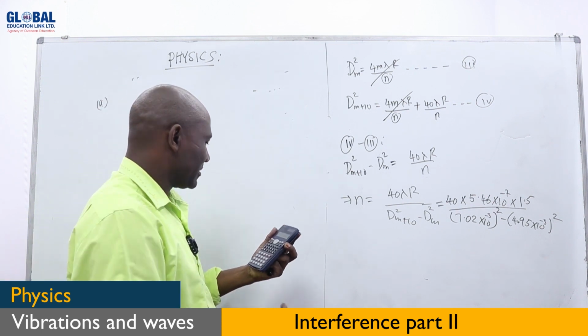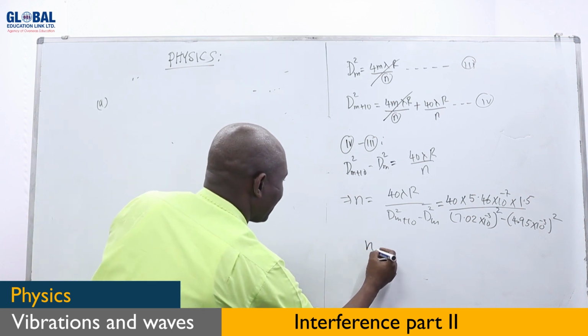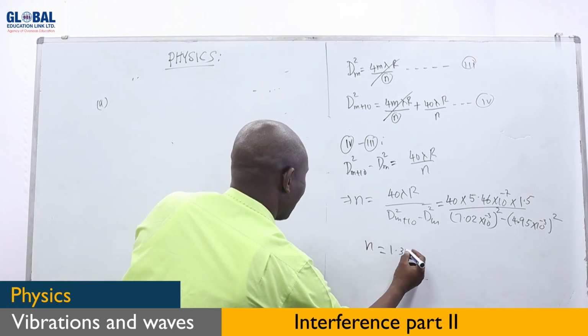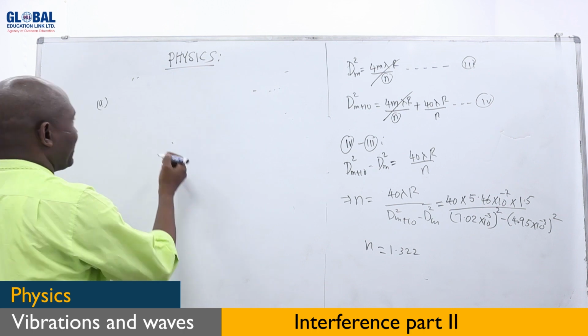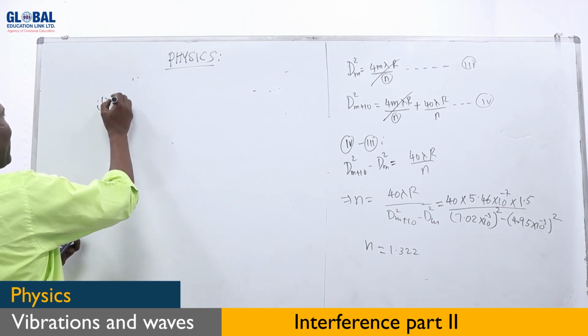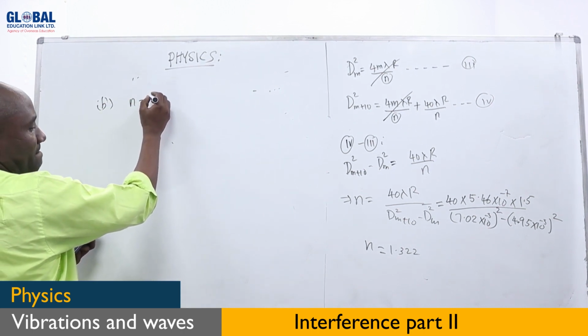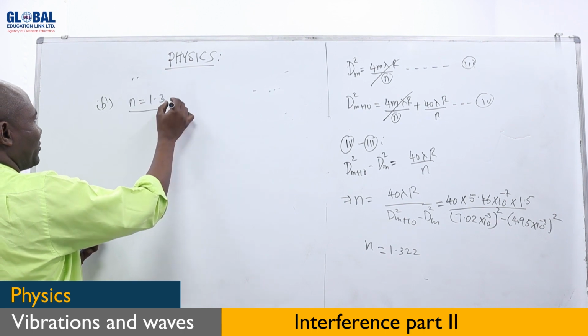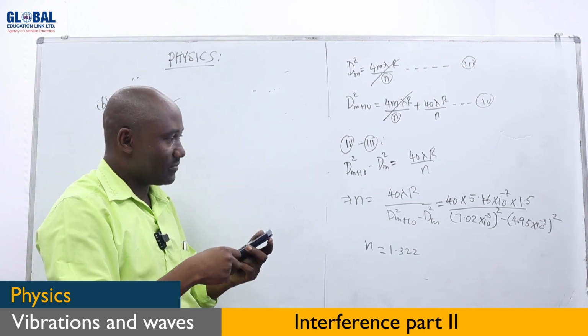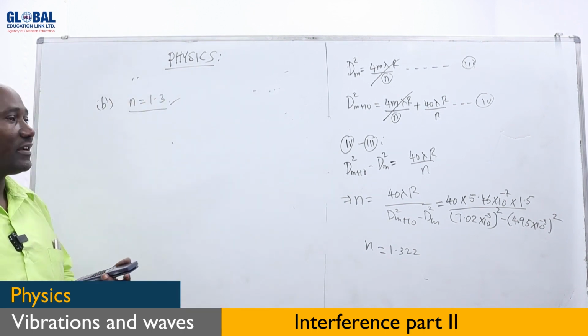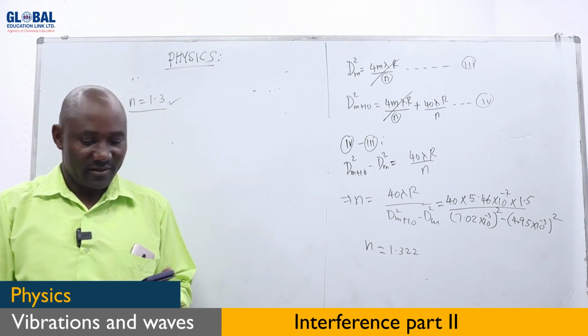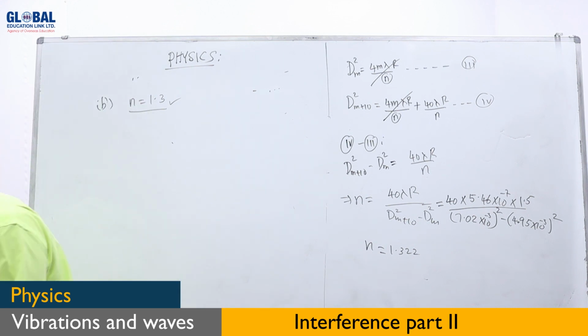You get something like n equals 1.322. So this is approximated now. This is equal to 1.3 because of errors and approximations. That's the refractive index of the liquid that was introduced between the surface.